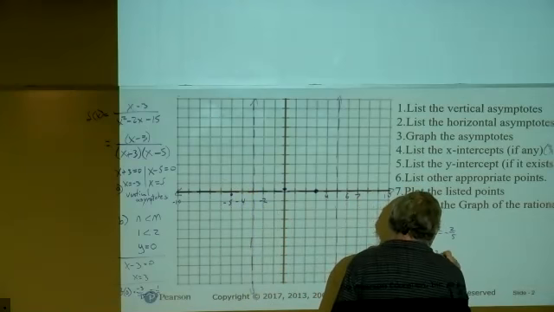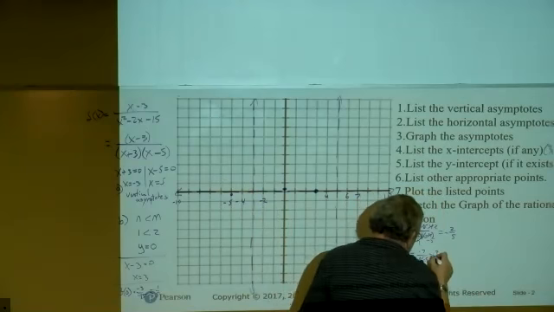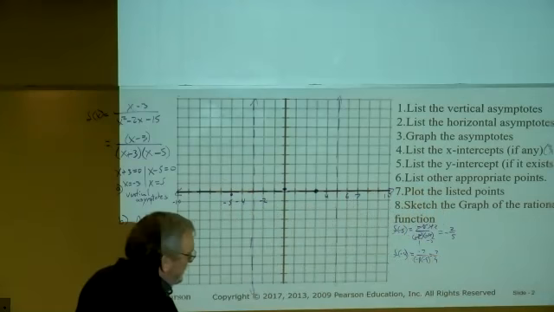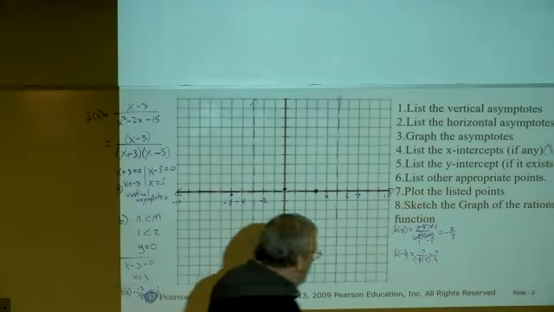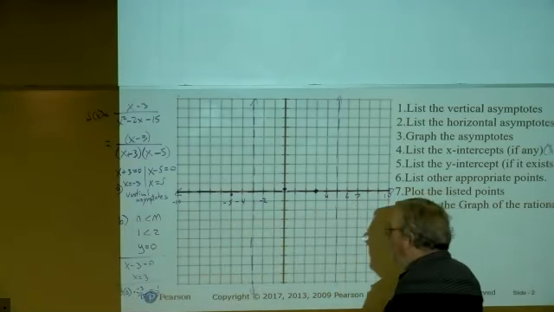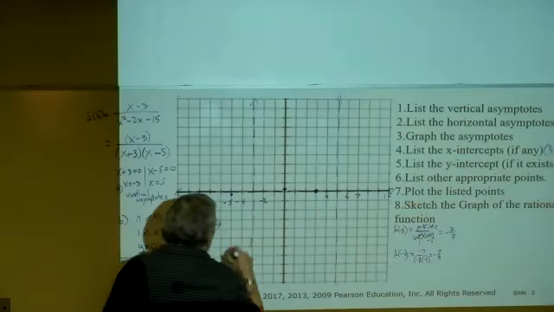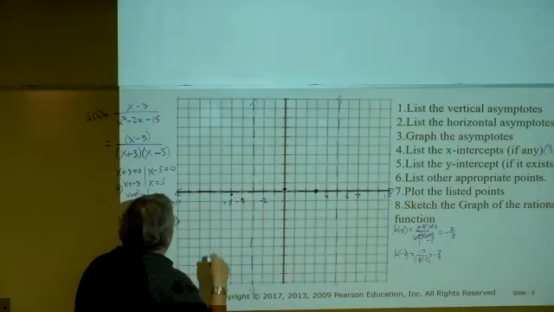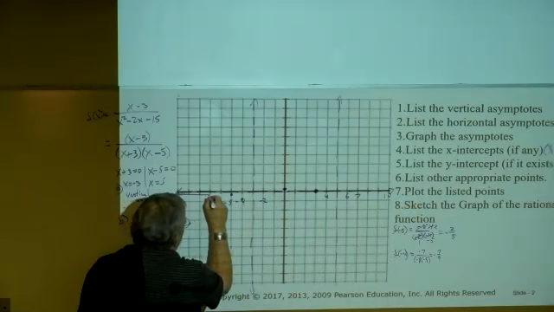So this is a +7/9. No, it's negative 7 ninths, because I have 3 negative signs, I'm multiplying and dividing. And so, let me write this over here a little bit. Negative 7 ninths. And negative 7 ninths is almost to negative 1, but not quite. And so that tells me what this is doing on this side.